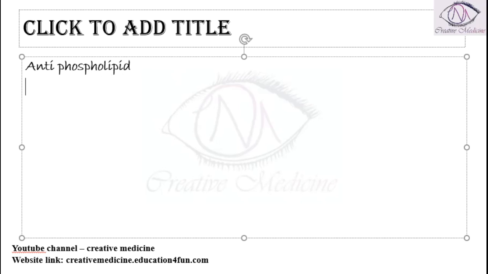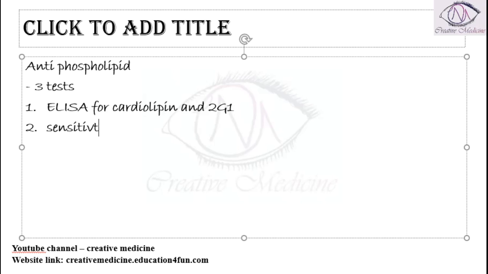Then we have antiphospholipid antibody. For antiphospholipid antibody, three tests are available. The first is the ELISA test for cardiolipin, and the ELISA test for beta-2 glycoprotein 1. Second, we have the sensitive prothrombin time, which can also be done for antiphospholipid antibody.